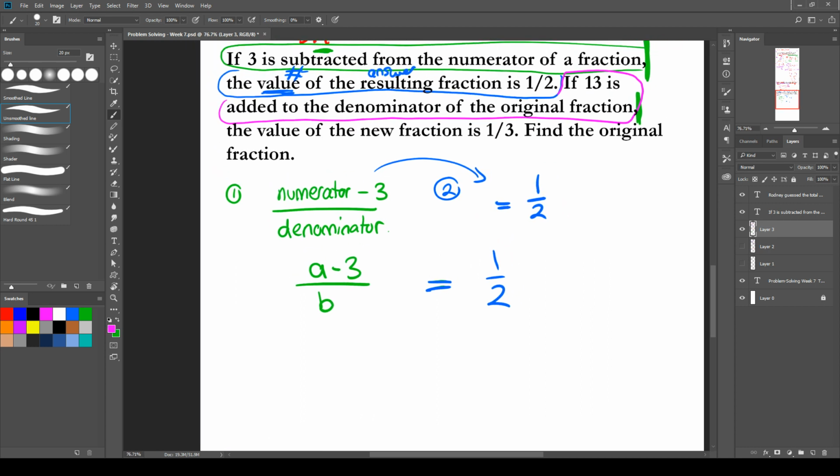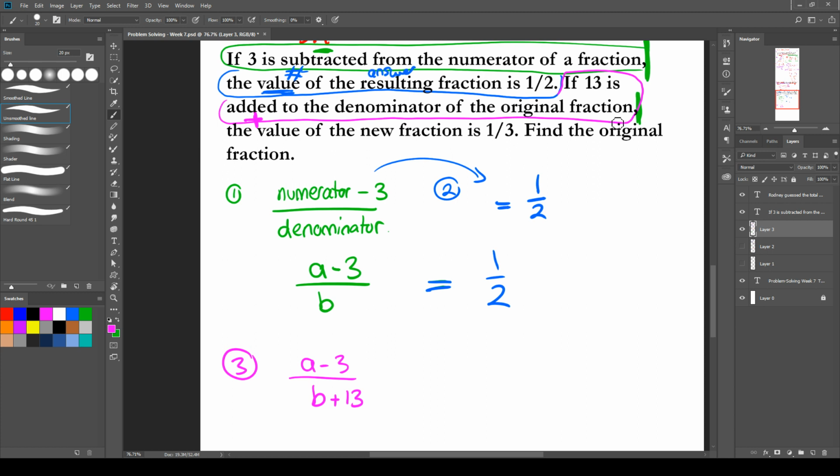So now we're up to the pink statement. This is statement 3. If 13 is added to the denominator of the original fraction, so here's my original fraction, A take 3, and there's the B. They're saying if 13 is added, well, added means plus, doesn't it? So 13 plus the denominator, so here's my 13.